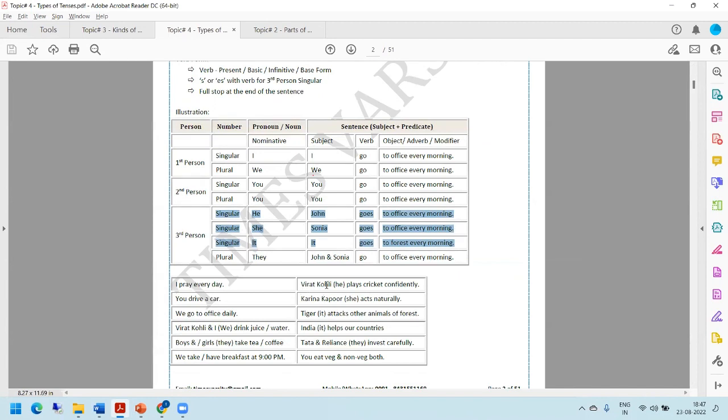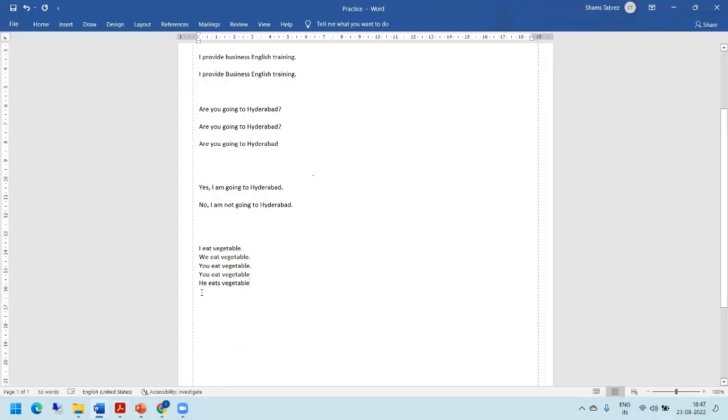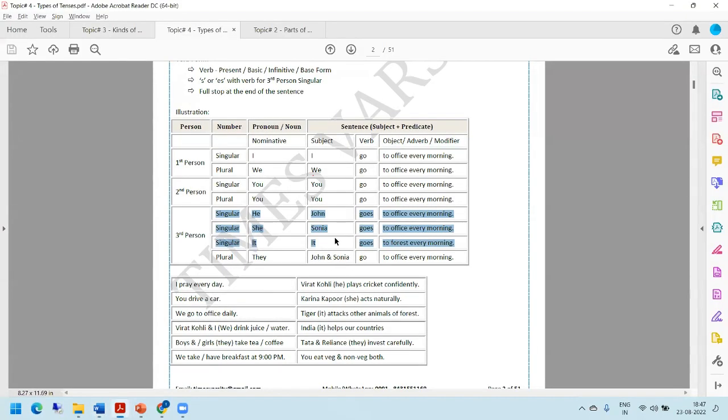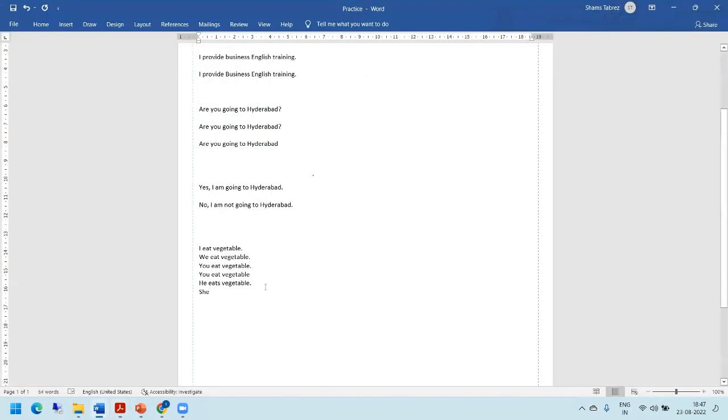Like Virat Kohli. Instead of Virat, we can also use the pronoun he, which is third person singular. S is added. So similarly for Kareena and all. So now we are also making some examples. So he eats vegetable. Then she, what? With she, what will happen? She eats vegetable, because this pronoun is also third person singular.